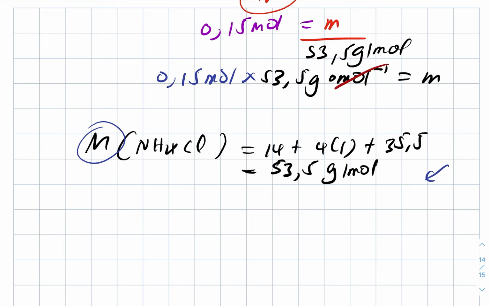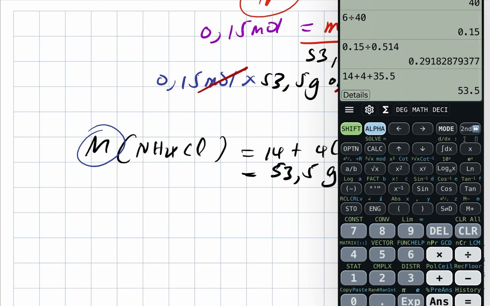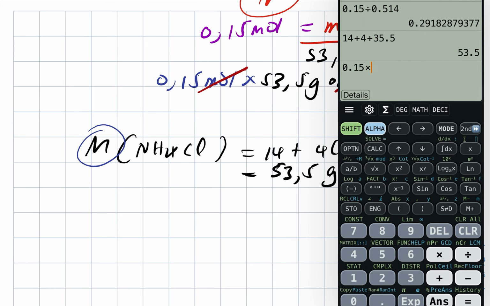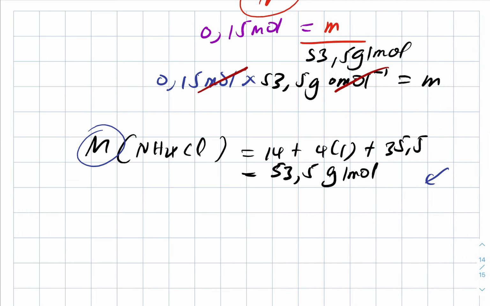The mole and the per mole, they're going to cancel. I'm left with grams. So 0.15 multiplied by 53.5 is going to give me 8.025. So that's the mass. That's the mass of ammonium chloride.